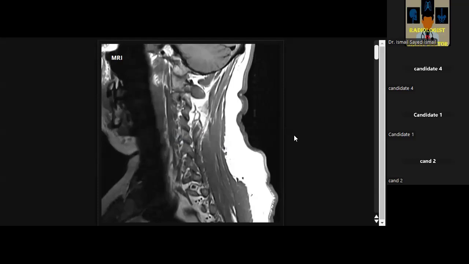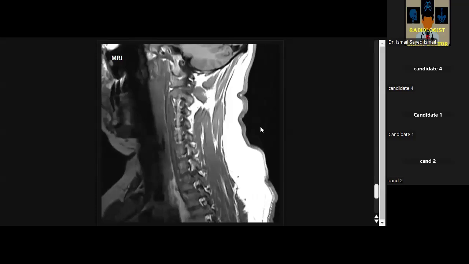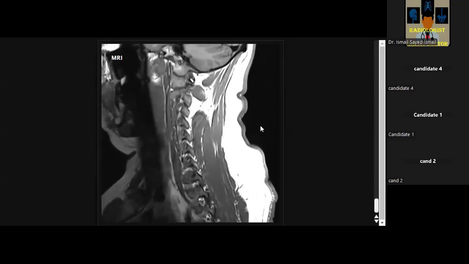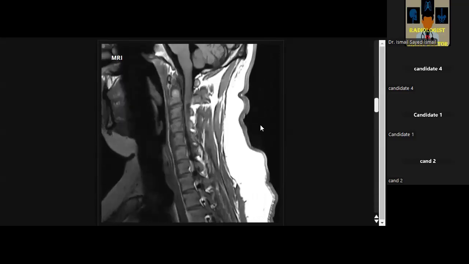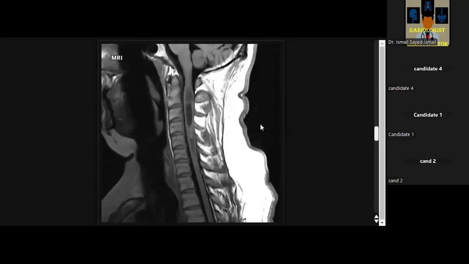All right. I'm presented with a sagittal MRI of the cervical spine. I can see that there is an expansile intramedullary lesion in the cervical spinal cord at vertebral levels C2 to C4.